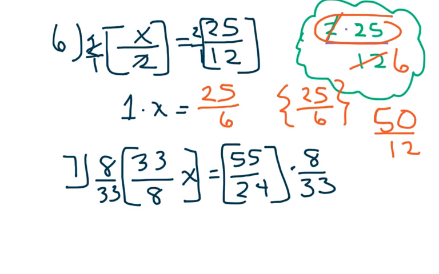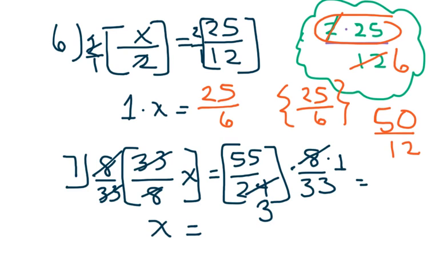Whatever you do on one side of the equation, you have to do on the other side of the equation. So in this case, it cancels, and you get 1 times x, which is x. Here, I can kind of simplify and say 8 goes into 24 3 times, and then this would be 1 then.